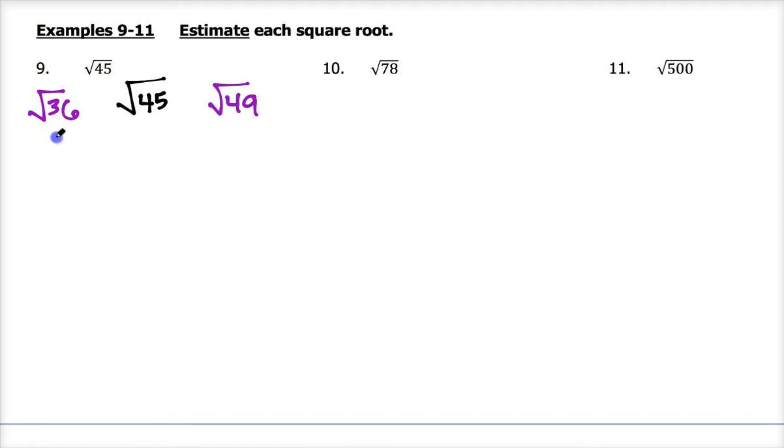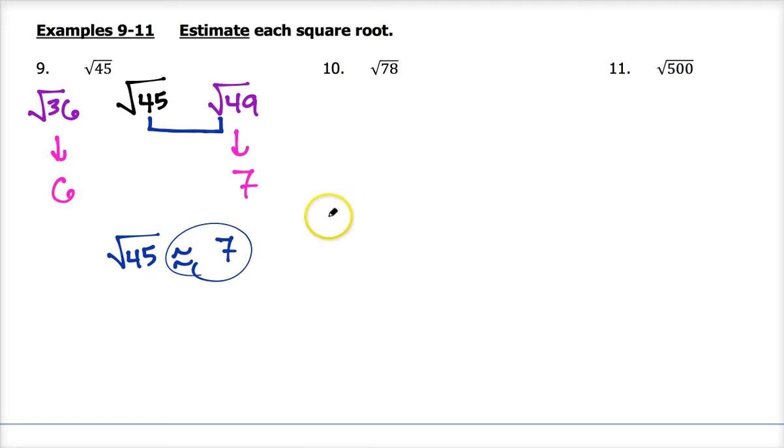The square root of 36 is 6, and the square root of 49 is 7. So 45 is somewhere between 6 and 7. And when we approximate this, 45 is closer to 49 than it is to 36. So we'll say that the square root of 45 is approximately 7.